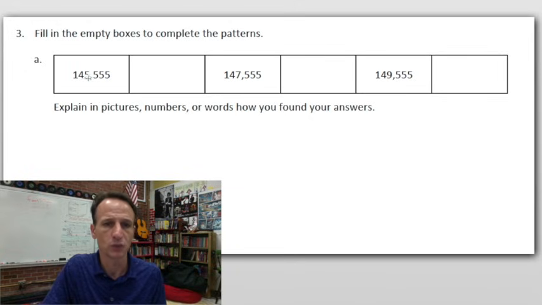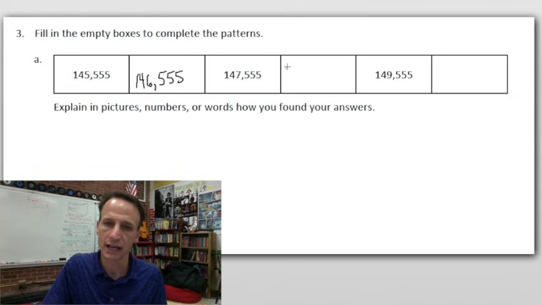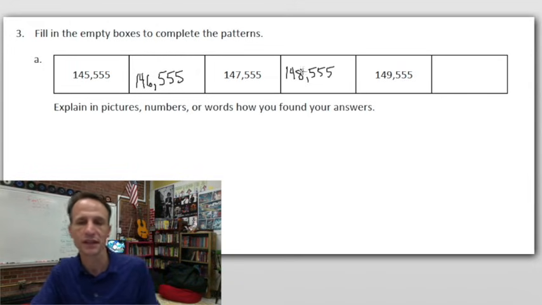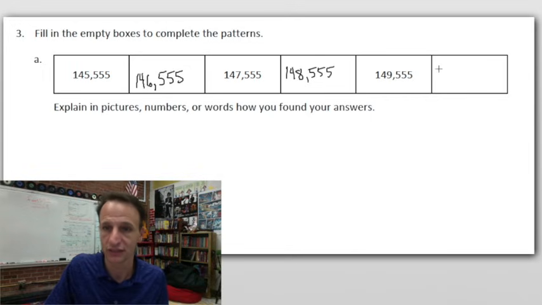So in between 145 and 147, of course, is 146. 146,555. 145, 146, 147, you got it. 148,555 ones is another way to say that. 145, 146, 147, 148, 149, 150,000.